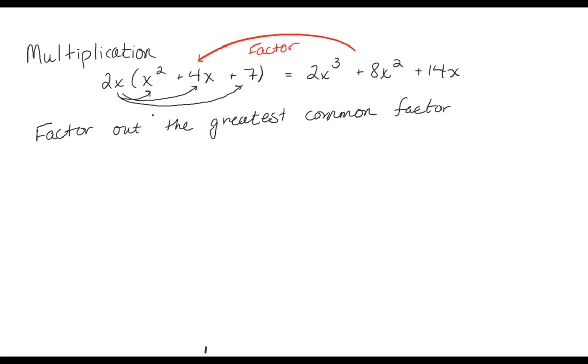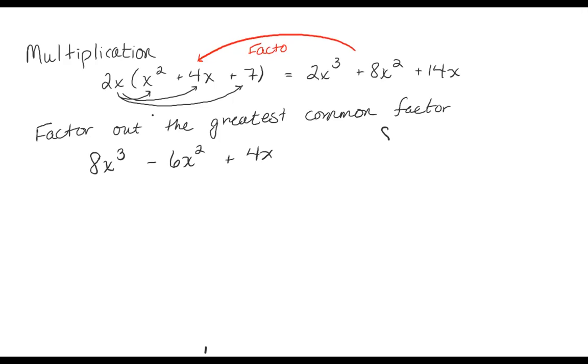So let's try one. Let's go back to black. We might have something like 8x cubed minus 6x squared plus 4x. I generally look at numbers and variables separately.